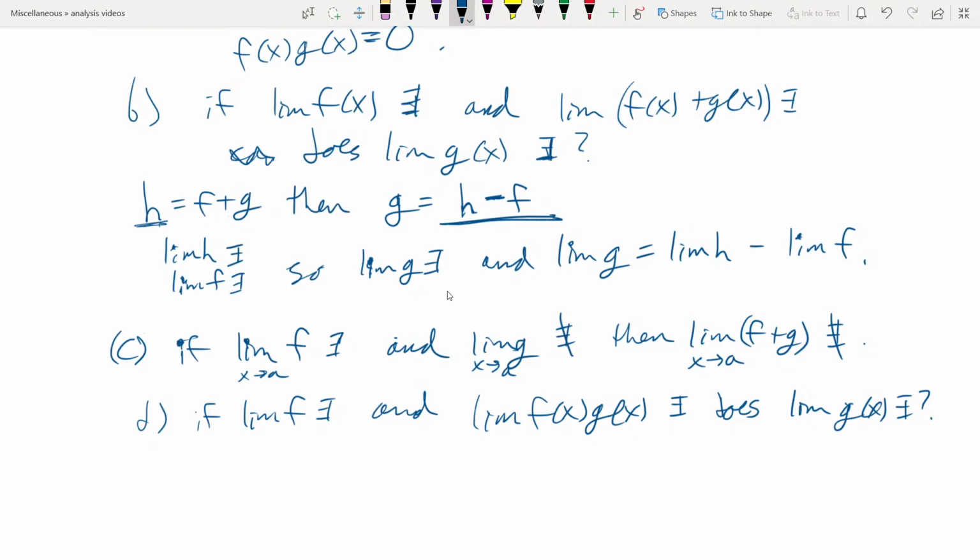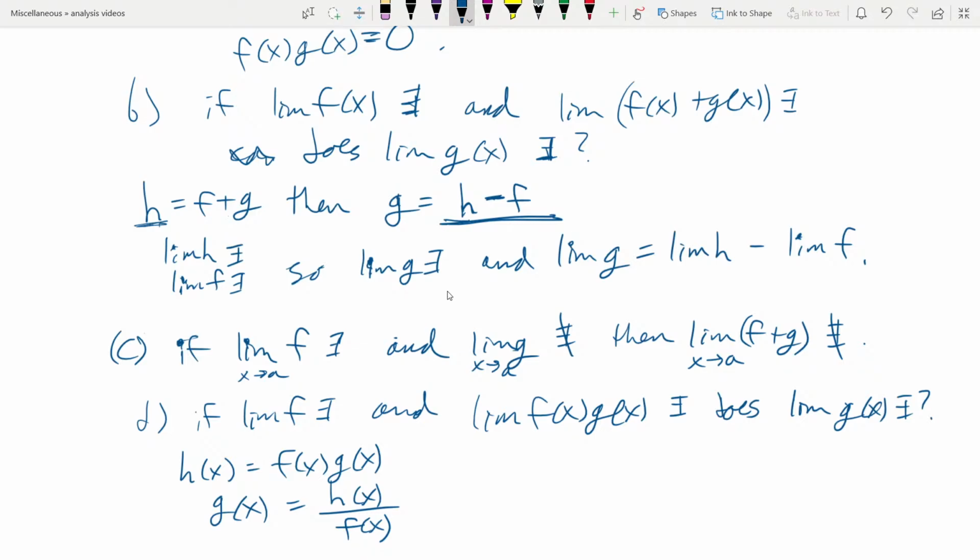If you wanted to do an analogous thing for f of x times g of x, say we want to do h of x equals f of x times g of x. Now if we were to try to isolate g, you run into a bit of a problem. You have to divide by f. It's not a problem if f is never 0, but it's entirely possible that f could go to 0.